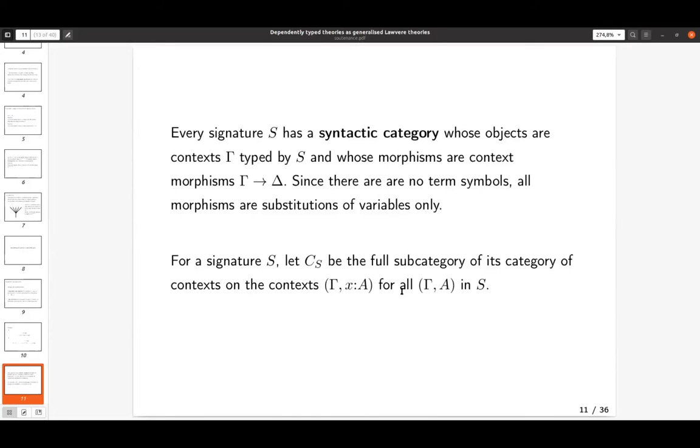And given a signature S, I'll define CS to be the full subcategory of its syntactic category on the contexts of the form gamma extended with a variable of type A for every type declaration of the form gamma A in S. Right, so the objects of the category CS are in bijection with the elements of S.